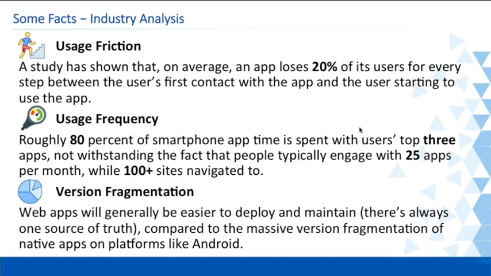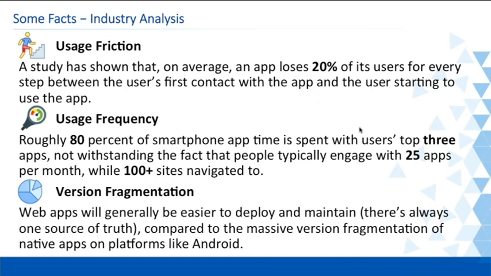Then the usage frequency. 80% of smartphone users spend their time in only the top 3 to 5 applications. Irrespective of apps being published every day, people probably have more than 25 apps installed on their devices beyond the inbuilt apps.